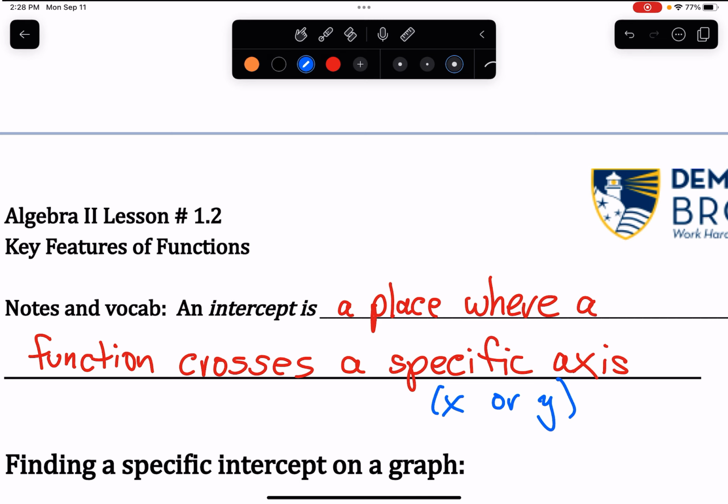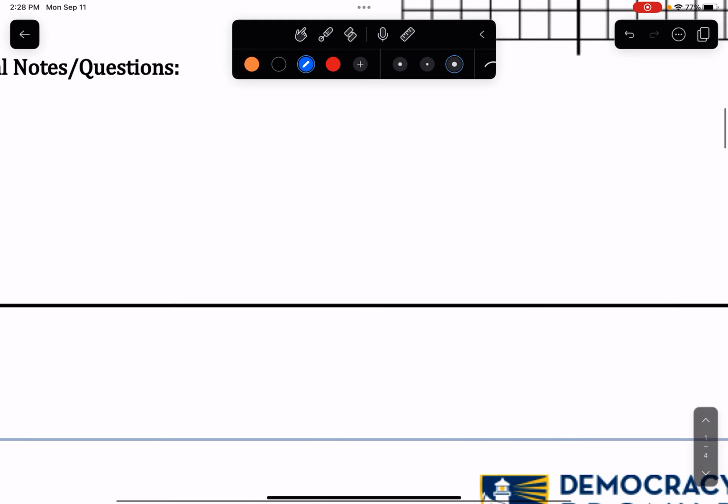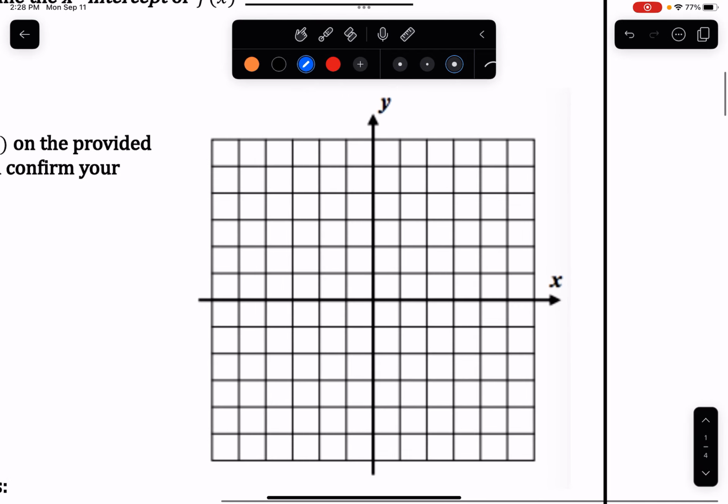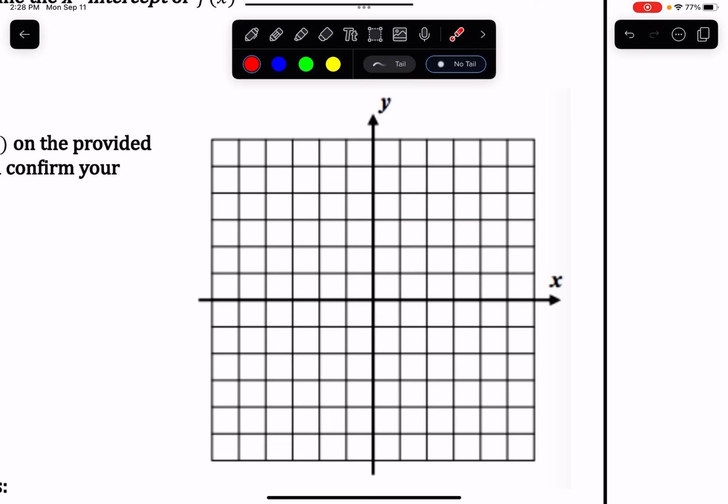So in order to visualize this, let's go to a coordinate plane, and I'm actually using our class notes for tomorrow. So you will be receiving this in class when you come in. The first thing is just keeping in mind where the x and y axis are. The y axis is the vertical, the x axis is the horizontal.